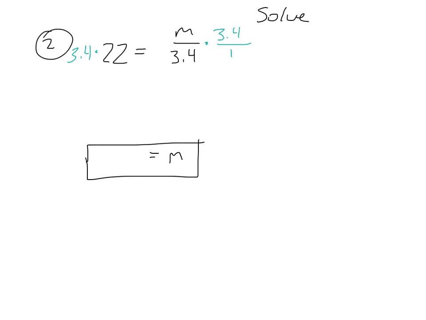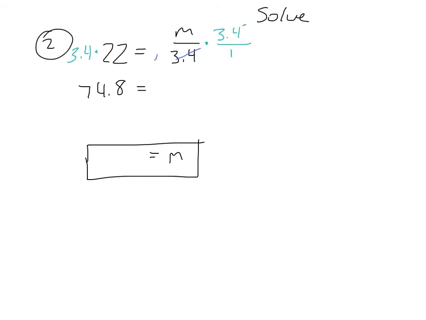I'm not going to make them fractions. I don't have to. All right, so 3.4 times 2, when you do that, you get 6.8. Oh, I'm sorry, it's 22. 3.4 times 22 equals 74.8. All right, and that's equal to, well, what? Well, again, we have 3.4 on top of this fraction, 3.4 on bottom here, so I can cross-cancel.